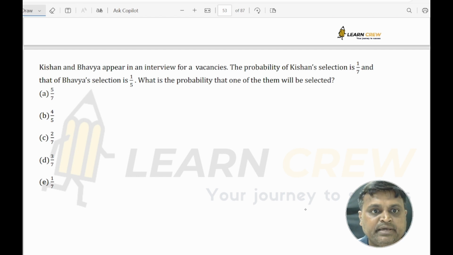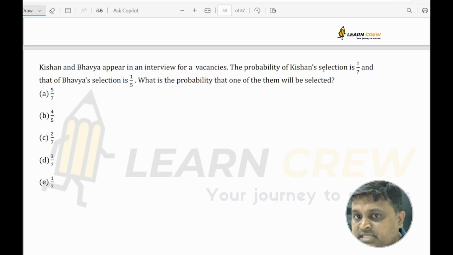Kishan and Bhavya appear in an interview for a vacancy. The probability of Kishan's selection is 1/7 and Bhavya's selection is 1/5. So Kishan's non-selection is 6/7, Bhavya's non-selection is 4/5. What is the probability that one of them will be selected?